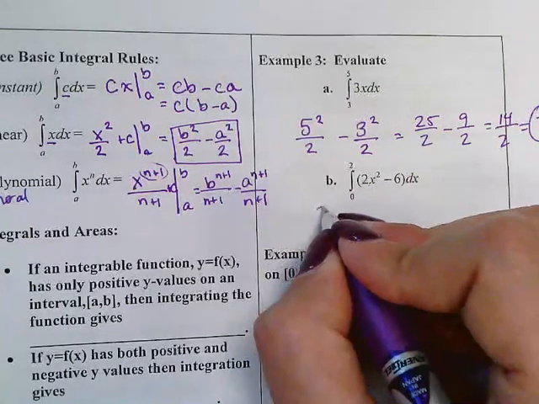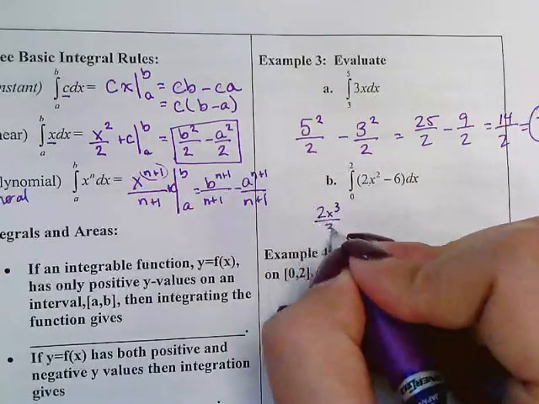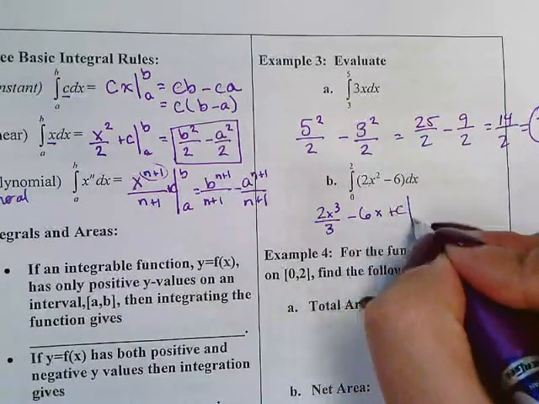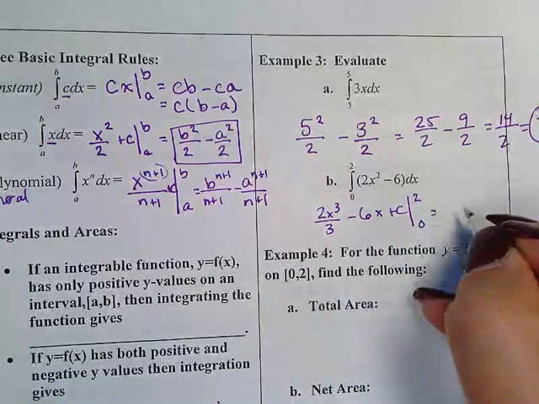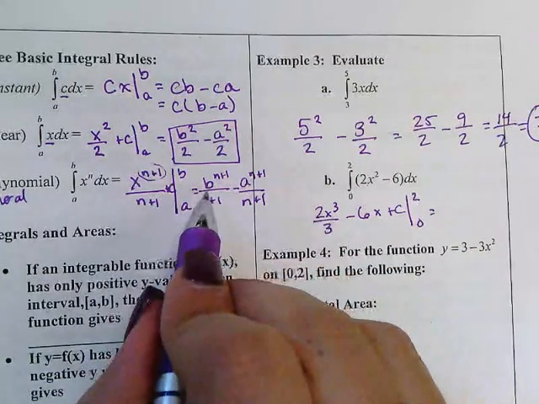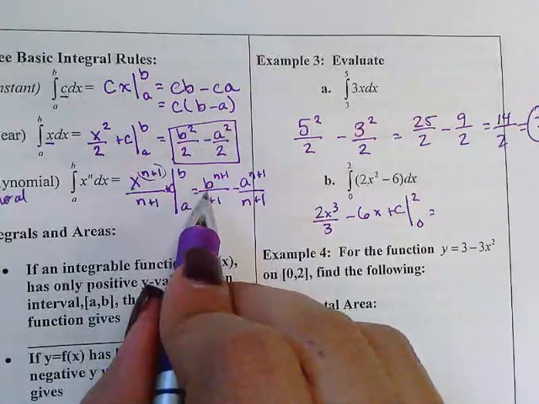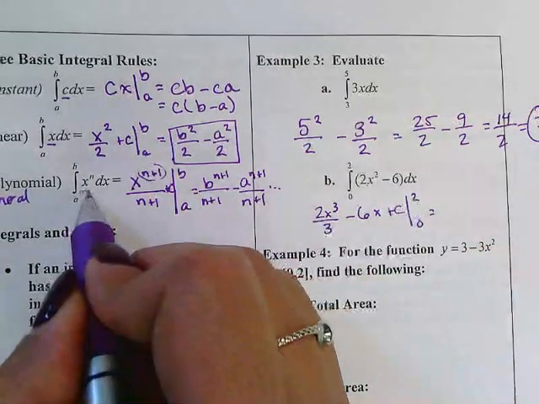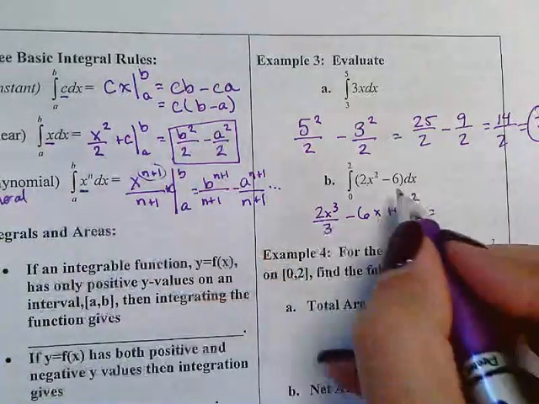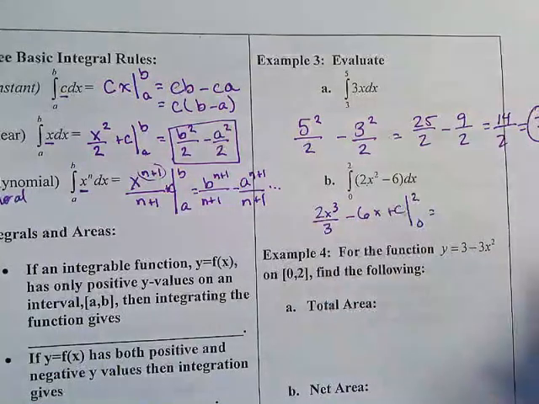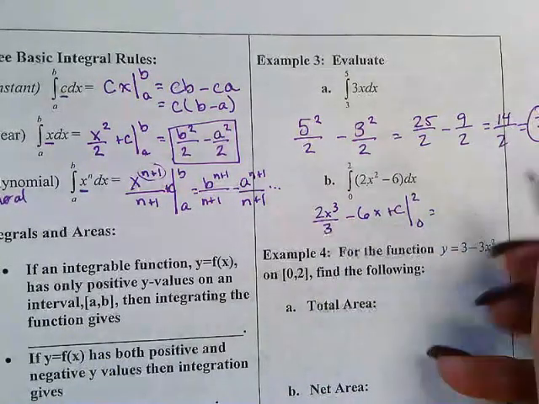So this is just going to be 2x cubed over 3 minus 6x plus c from 2 to 0. I mean, you could use the rule, but this only works if there's only a single polynomial term. You do have to take into account that 6 as well, so you do have to do it again. So I think this is easier.